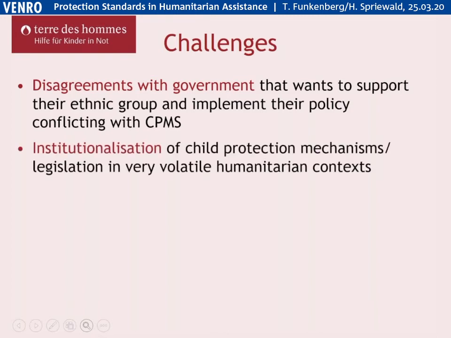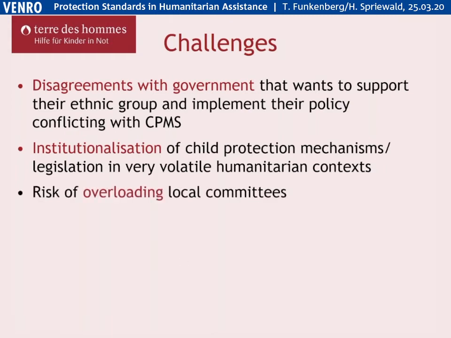The institutionalization of child protection mechanisms is taking place in a very volatile humanitarian context. We said we are working together with local committees and building on local structures, but there's a risk of overloading local committees. So we give them tasks, but we also have to see what the limits are. Can they really identify risks of children and do case management?